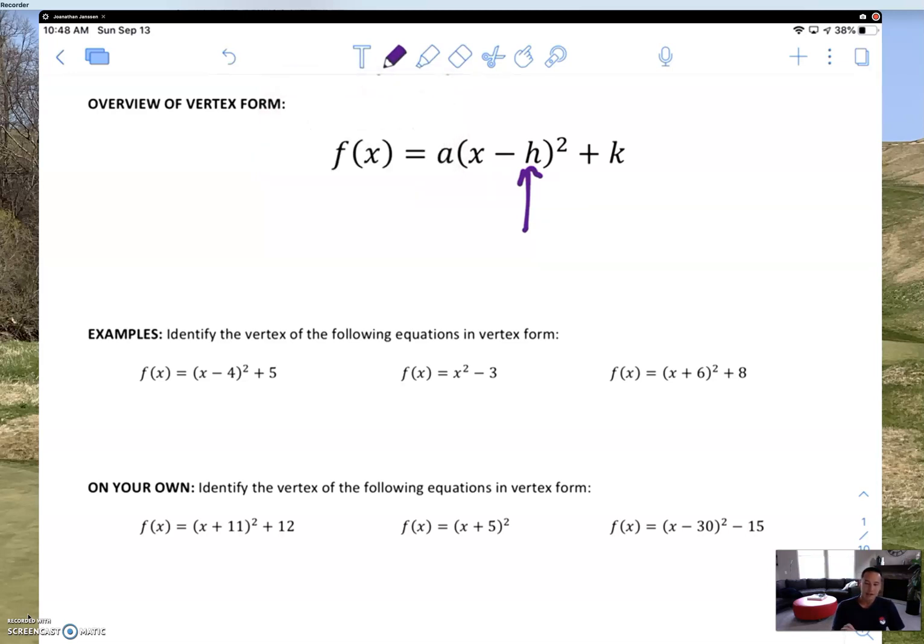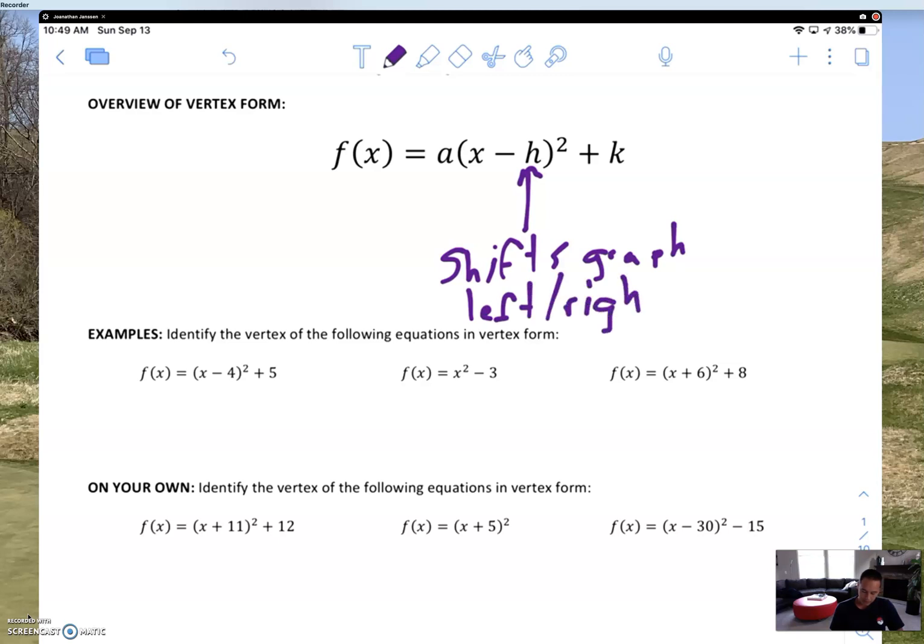So that h value in here, that's going to shift the graph either to the left or to the right. And that essentially gives you, I'm going to put that in parentheses, the x-coordinate of the vertex. And I'll explain that in a little bit.